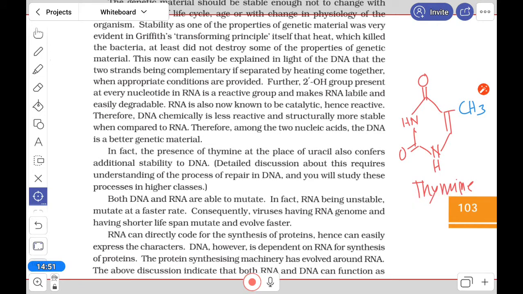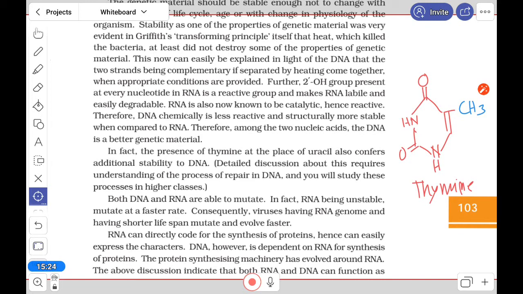Both DNA and RNA can mutate, but RNA mutates at a much faster rate. In viruses having an RNA genome, like the virus we are suffering from, COVID-19, which is also an RNA virus with a positive strand, it gets inside and can directly act as mRNA and start protein synthesis.